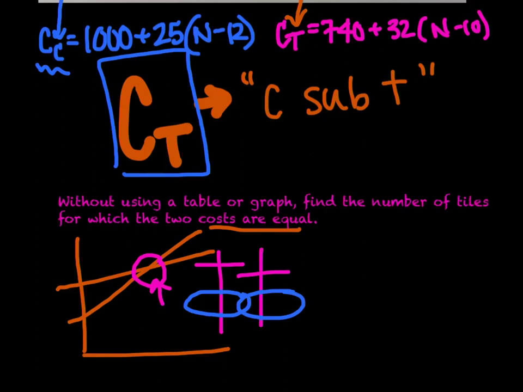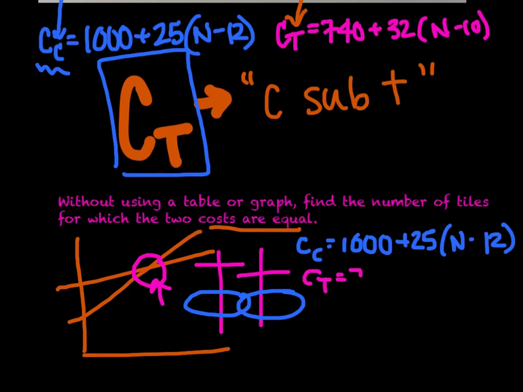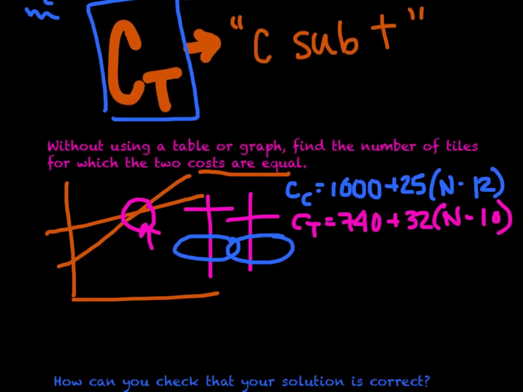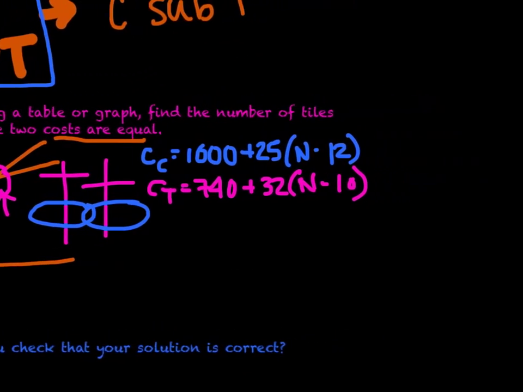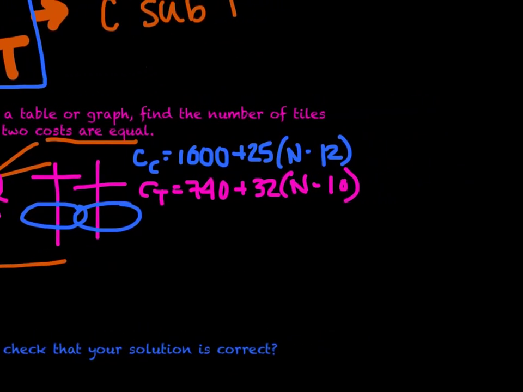So we have C sub C is equal to 1,000 plus 25 times (n minus 12), just writing it down, and we have C sub T, which is equal to 740 plus 32 times (n minus 10). Those are our two equations. Using these two equations, we need to find when the costs are equal.